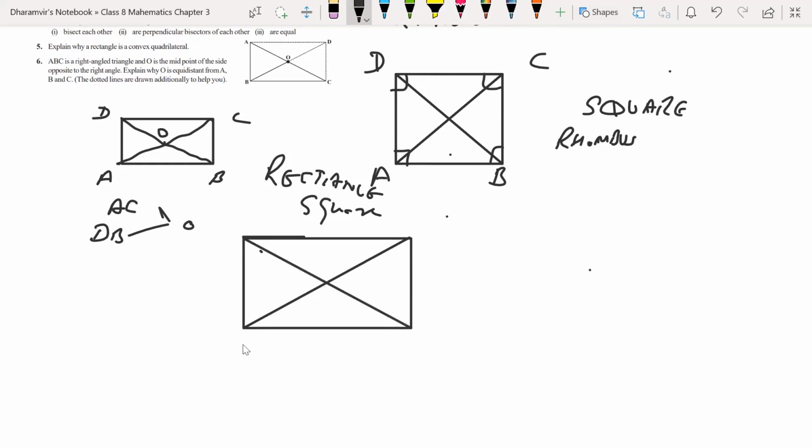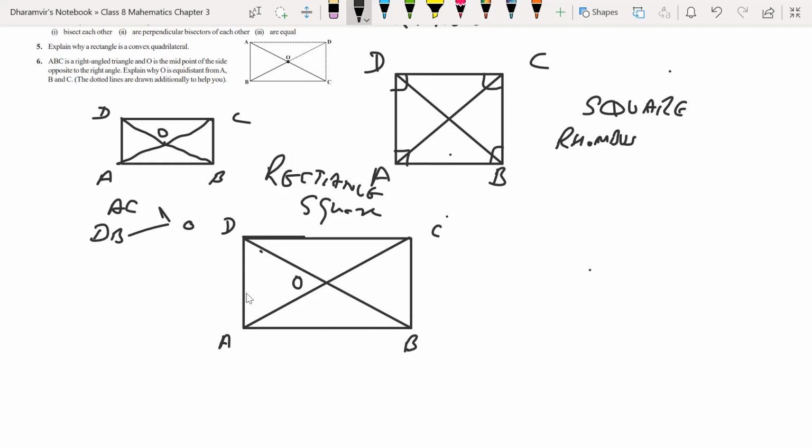This is a quadrilateral A, B, C, D. O is the point of intersection. The convex quadrilateral is a quadrilateral that has all the diagonals inside it, not outside. These diagonals must not lie outside the quadrilateral. So in a convex quadrilateral, the diagonals lie in the interior.